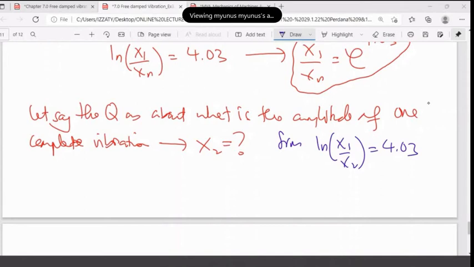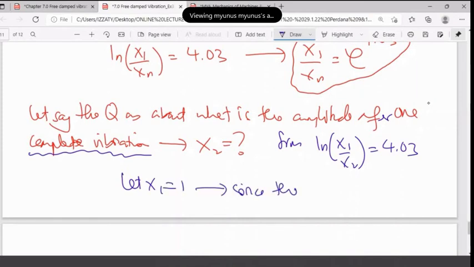Okay, now ln(x1/x2) equal to 4.03. So the question asks you, what is the amplitude after one complete vibration? So now let x1 equal to 1, since the amplitude is normalizing.